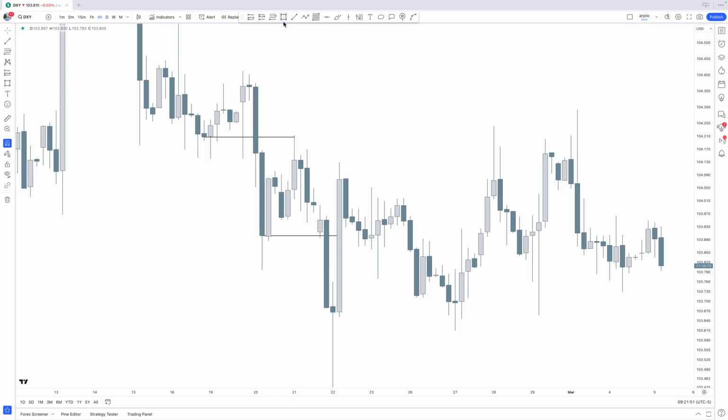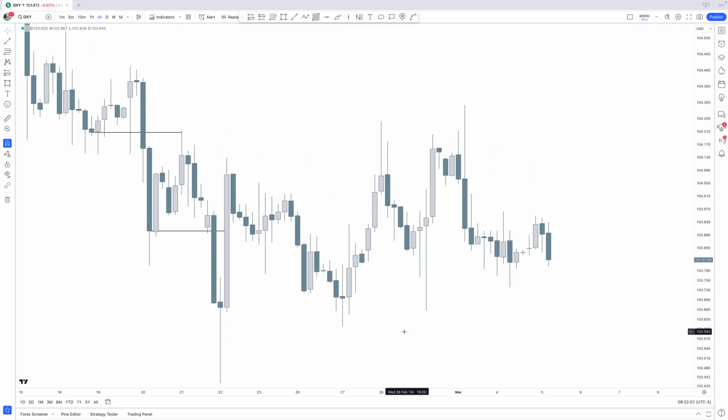If we had any clear PD array that was sitting right there, it can still react off that to continue lower. So moving above a fair value line or moving below a fair value line in itself is not necessarily a bad thing. It's not a deciding factor on if we will reach for opposing liquidity immediately.